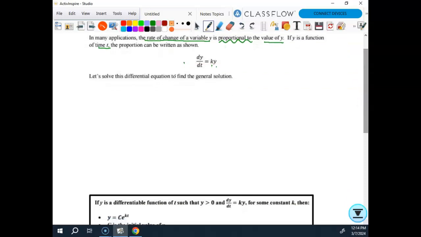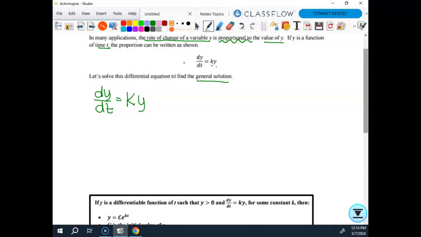So let's solve this differential equation. We're going to look for the general solution. So I'm just going to rewrite this right here: dy/dt equals k times y. Okay, so I want you to do what we've been doing. Separate the variables, integrate, find the general solution. Basically the exact same steps that we've been doing for a few days.